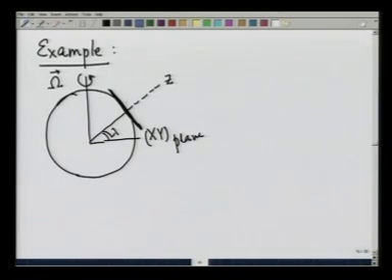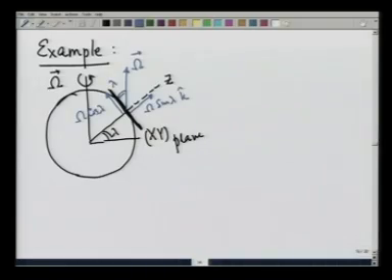Omega is like this. It has a vertical component, omega sine lambda in the z direction, and a horizontal component towards the north, which is omega cosine of lambda.